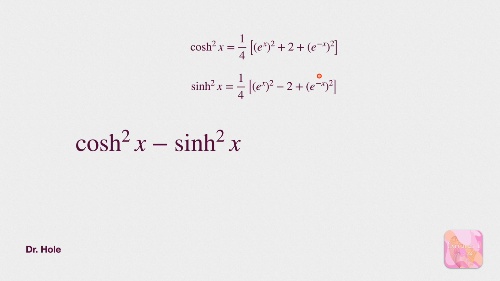So all the exponential terms will cancel out. And then we're going to take cosh squared and subtract away sinh squared. So on the right-hand side, that's going to be 2 minus negative 2, which produces 4. Then considering the coefficient 1/4 out in front, that's 4 over 4, or 1.